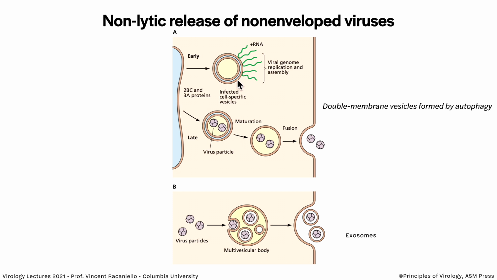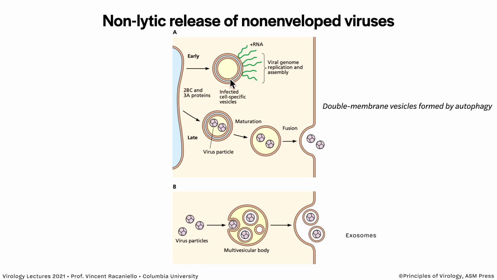These are thought to be formed by autophagy. Autophagy is a process by which the cell reacts to a stress and begins to make these vesicles and basically throw stuff out so that another cell can use it, you know, proteins and amino acids and cofactors and so forth. Before I die, I'm going to give you what you may use. So that's what autophagy is doing.